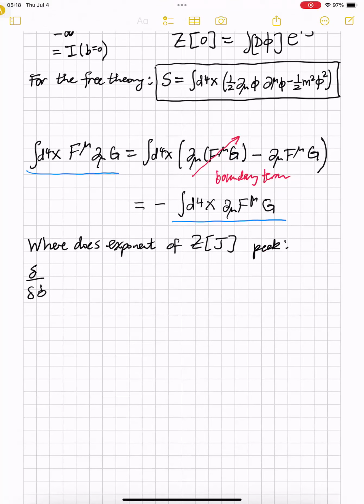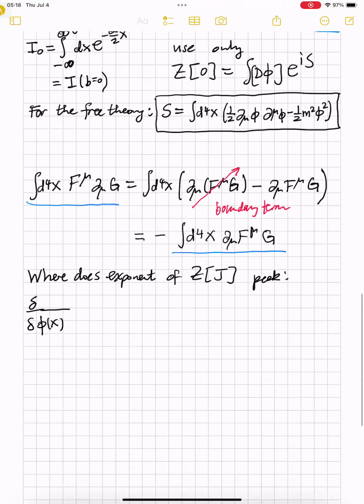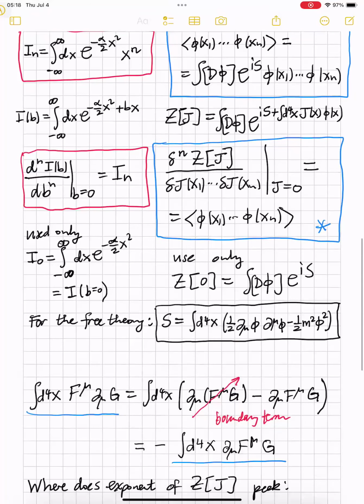So we'll have δ/δφ(x). Remember, for the 1D integral, we took the phase, which was minus α over 2 x squared plus b x, and we differentiated with respect to x, set that equal to 0. Now our exponent is i times the integral d4x J(x) φ(x), and we are integrating with respect to φ.